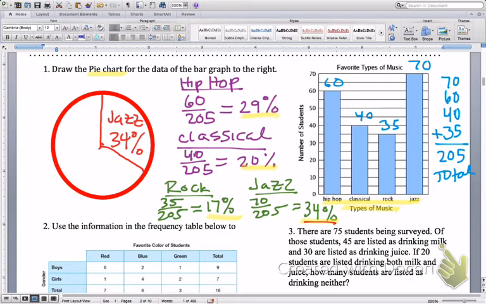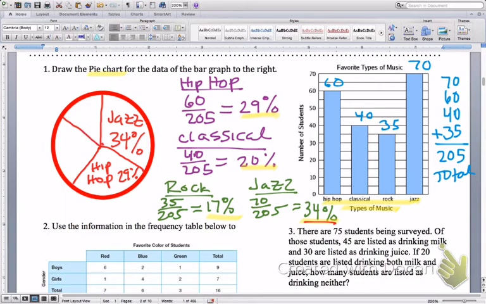Then the next section, 29%, it's about a third. It's still close to 1/3, but slightly less than 1/3. So I'm going to subdivide it there. I'm going to put hip hop here. That's 29%. And then the rock and the classical. Rock's going to be a little bit smaller than classical, so I'm going to try to do it in half, but it's slightly smaller, so like that.